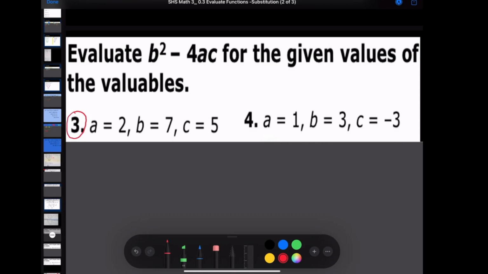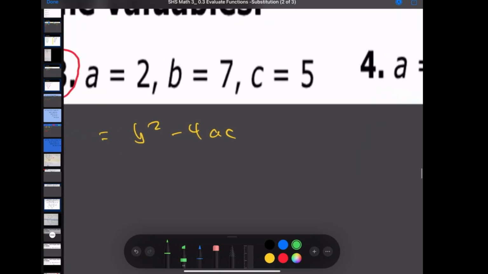Ruben. Ruben, what's the b value? Parentheses, guys. A value? C value. Nice. Samuel. What do you want to do first?